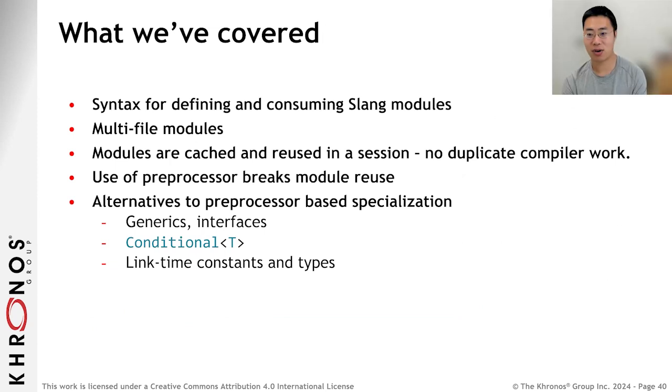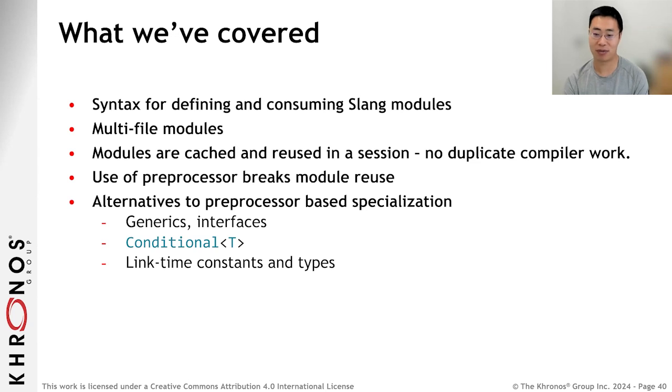All right, so that is all I want to cover today. So as a quick recap, we started with a syntax for defining and using Slang modules. And we talked about how you can define modules in multiple files. We also talked about why modules can help speed up compilation due to the ability to reuse compiled modules no matter how many times they are being imported. And we also discussed why preprocessor macros break the compile time benefit of modules.